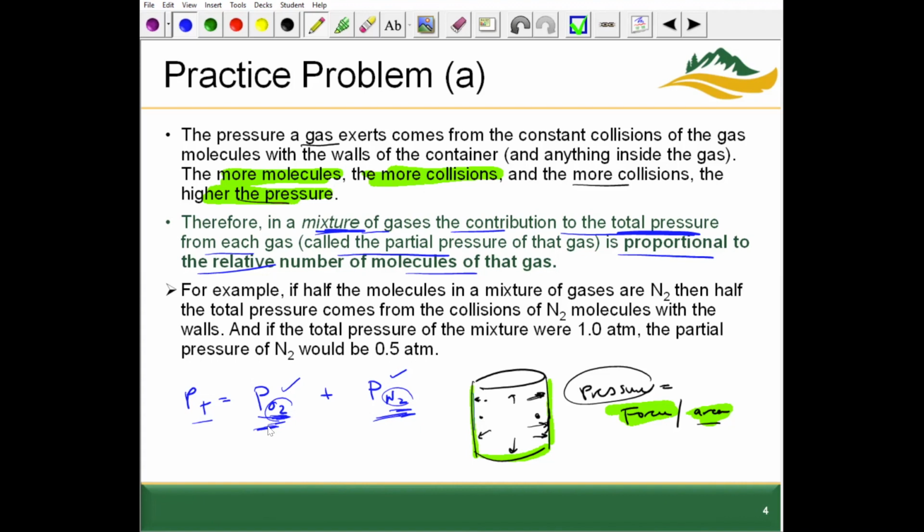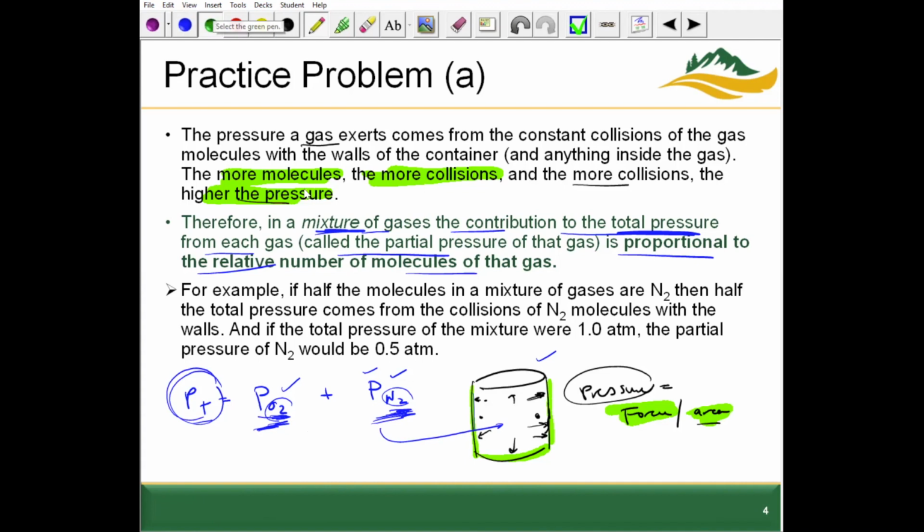So more oxygen molecules, more partial pressure from the oxygen; more nitrogen molecules, more partial pressure from the nitrogen, leading to an overall higher total pressure because these are additive. Partial pressure of oxygen plus partial pressure of nitrogen leads to our total pressure, given that oxygen and nitrogen are both present in the same vessel.